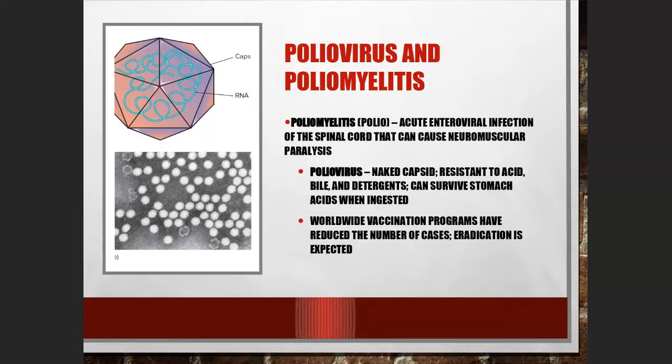Polio is one of the most common picornaviruses, causing polio or poliomyelitis, and it is a kind of acute enteroviral infection. Enteroviral means the virus enters our system through food or drink and goes to the GI tract.